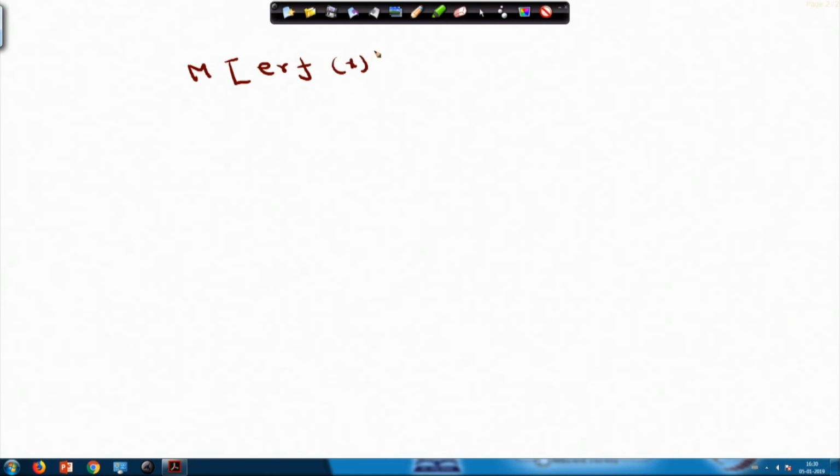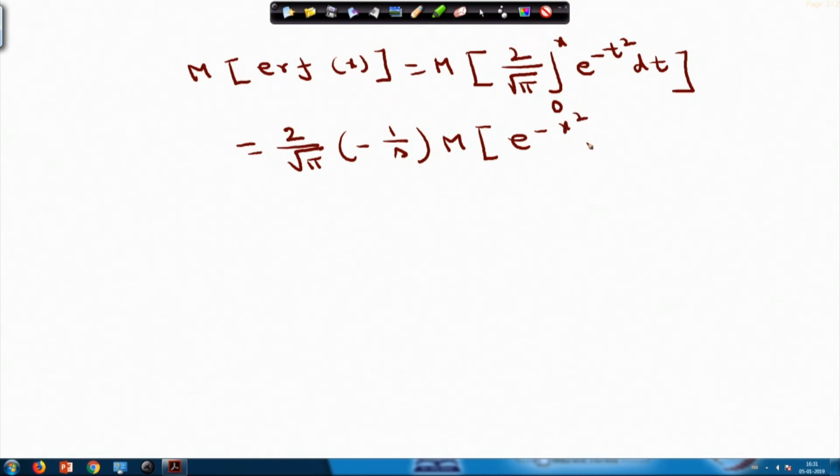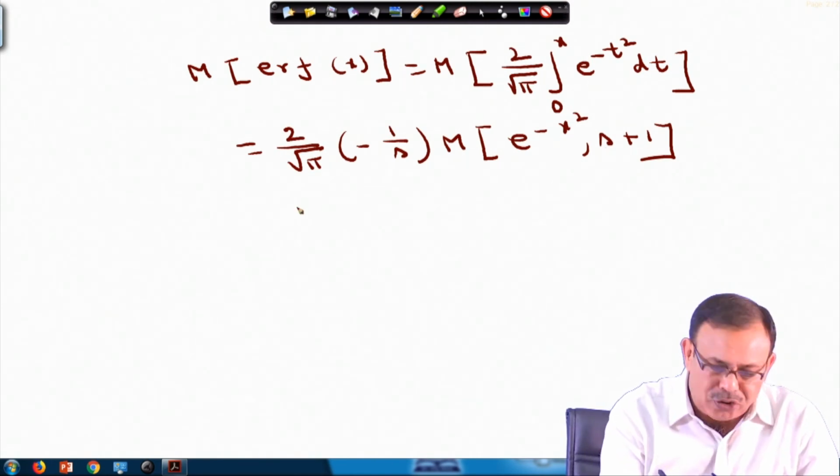So, from here we are starting: the Mellin transform of erf(x) equals the Mellin transform of, substituting the value of erf(x), 2 by root over pi integral 0 to x e power minus t square dt. From the property we can write down 2 by root over pi, minus 1 by s, into the Mellin transform of e power minus x square, where the parameter is s plus 1.